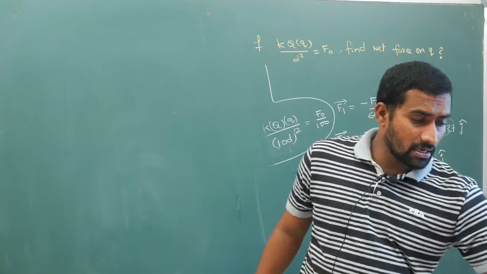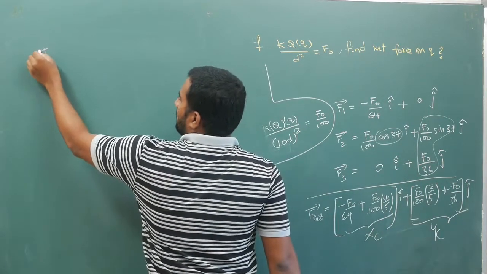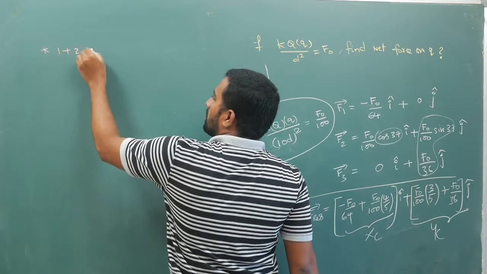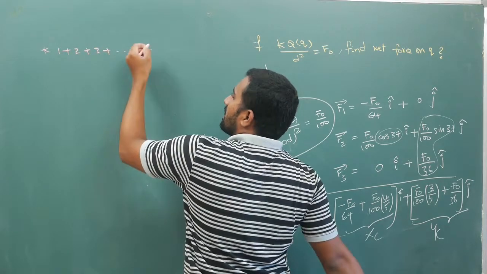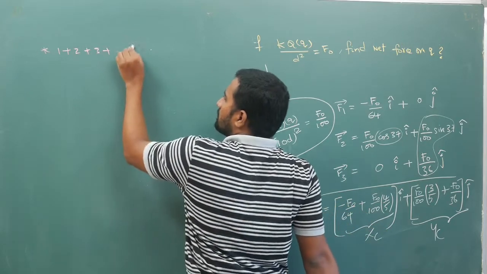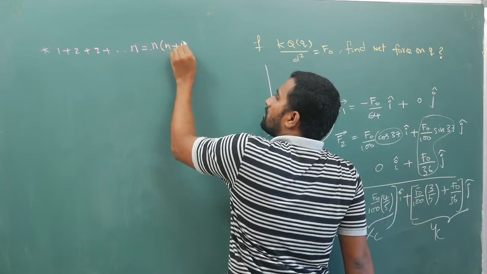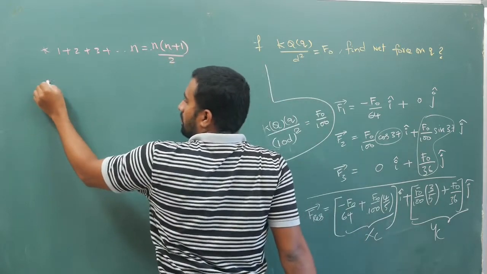The extra part to test the math skills he can give you like this. If you have 1 plus 2 plus 3 plus so on, after taking kq1q2 by d square, if you get terms like this, your sum of n terms is given by n into n plus 1 by 2. You have to remember this result.